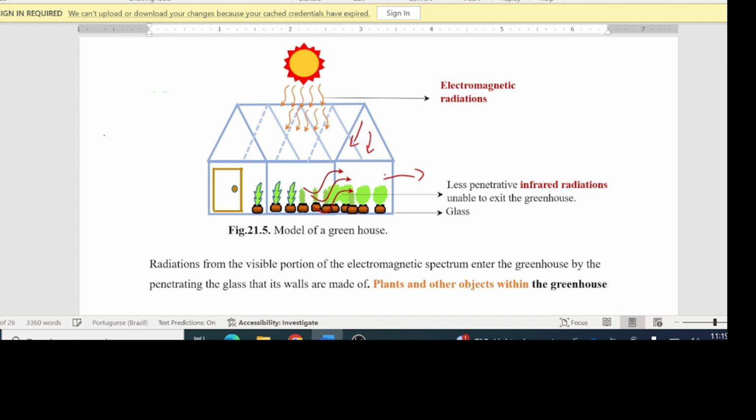As such, they are not able to penetrate the glass and leave as easily as these incoming radiations. The net effect is that there is a buildup of heat inside this greenhouse that keeps it warm, and that provides a suitable temperature for seeds to germinate and plants to grow in early spring.